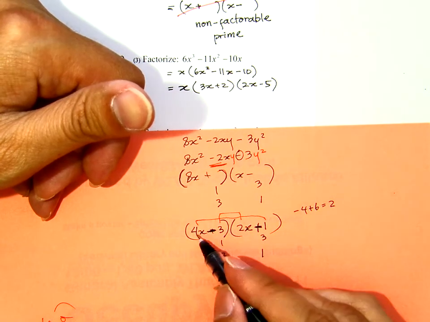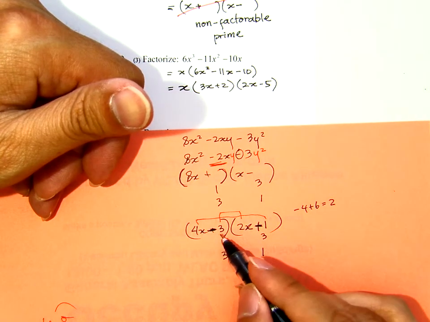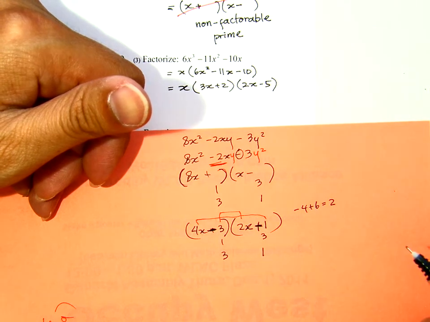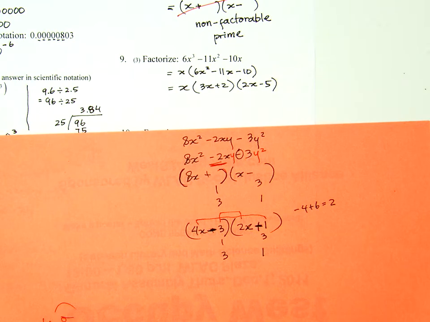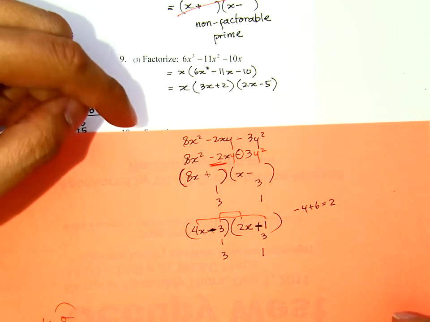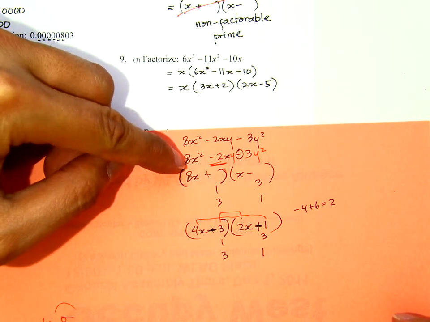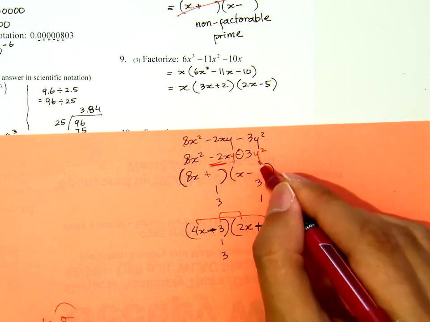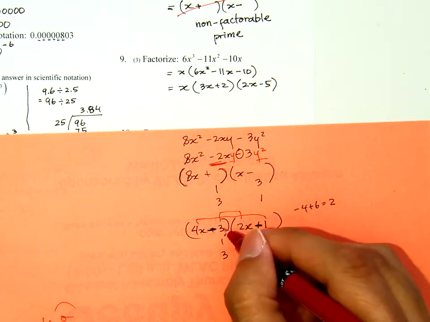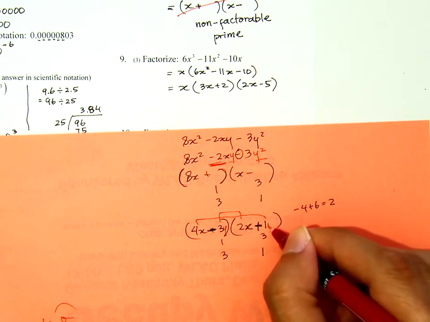Now you can check, this becomes positive 4 minus 6. That's our negative 2. Right? So we get the factorized form of 8x squared minus 2x minus 3. Now how to accommodate the y and the y squared here? What I will do, I insert y here and insert y here.